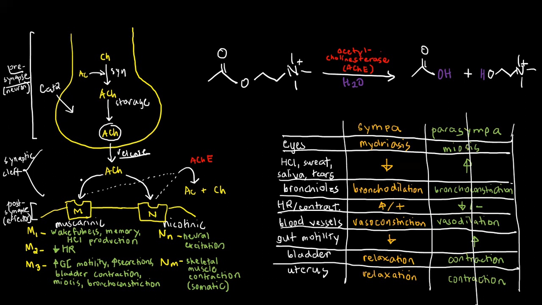Once binding is done, we have to remember that binding is not permanent here, and acetylcholine will dissociate from this or this. Once that happens, it will be terminated, killed in a way, by the enzyme AChE, or acetylcholinesterase, giving us acetate and choline. Of course, once this happens, there's no more of these things.